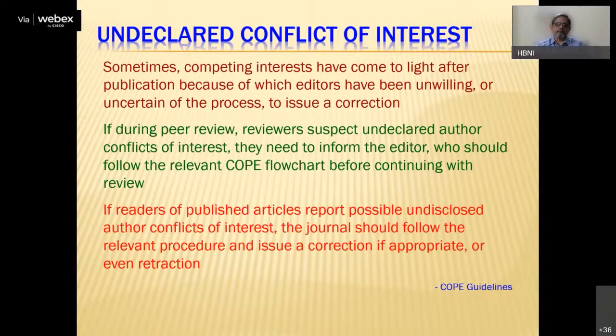But if the paper gets published and then some reader reports a possible undisclosed conflict of interest, there is another, more detailed process, which I showed you last time, and that has to be followed. The journal has to issue a correction if it deems necessary, or sometimes it can even result in a retraction.